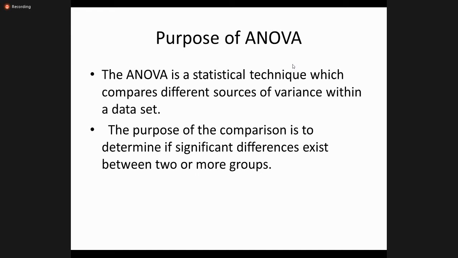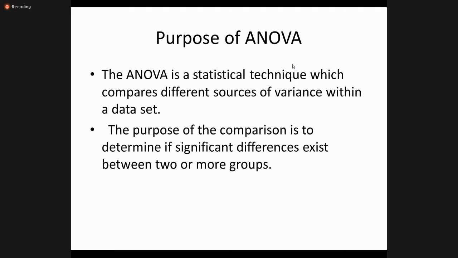The purpose of ANOVA is basically a statistical technique which compares the different sources of variance within a data set. The purpose of the comparison is to determine if significant differences exist between two or more groups.